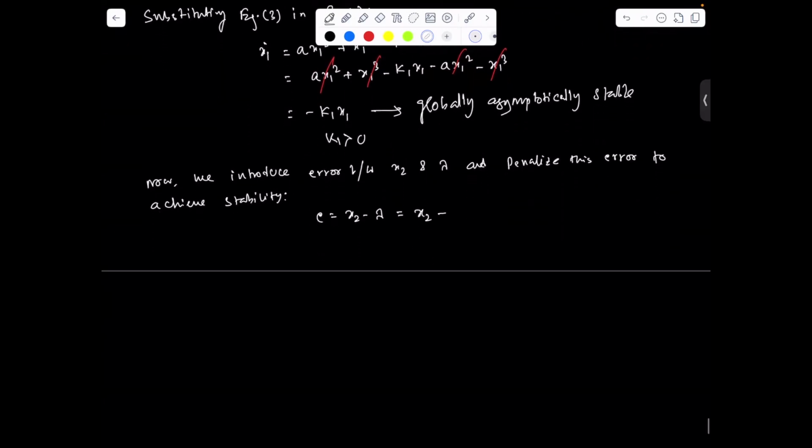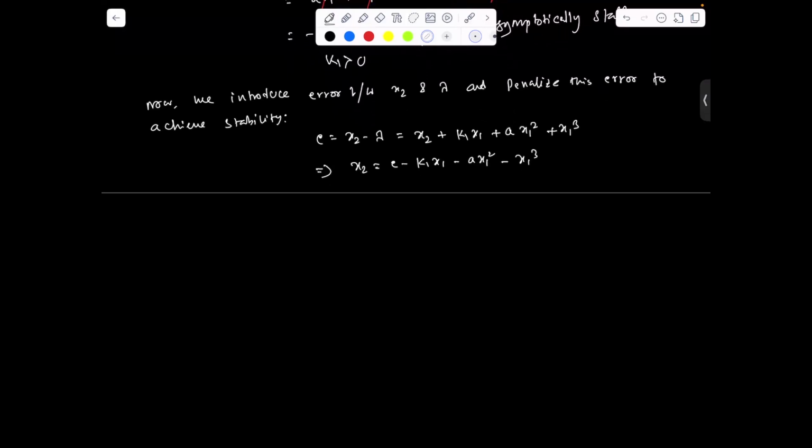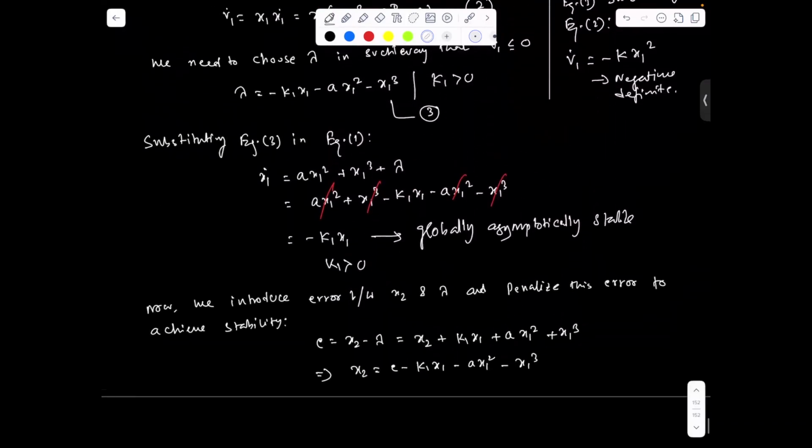So we can write plus k1 x1 plus a x1 square plus x1 cube. And from this we can write x2 equal to e minus k1 x1 minus a x1 square minus x1 cube. Let us define this as equation number 4.